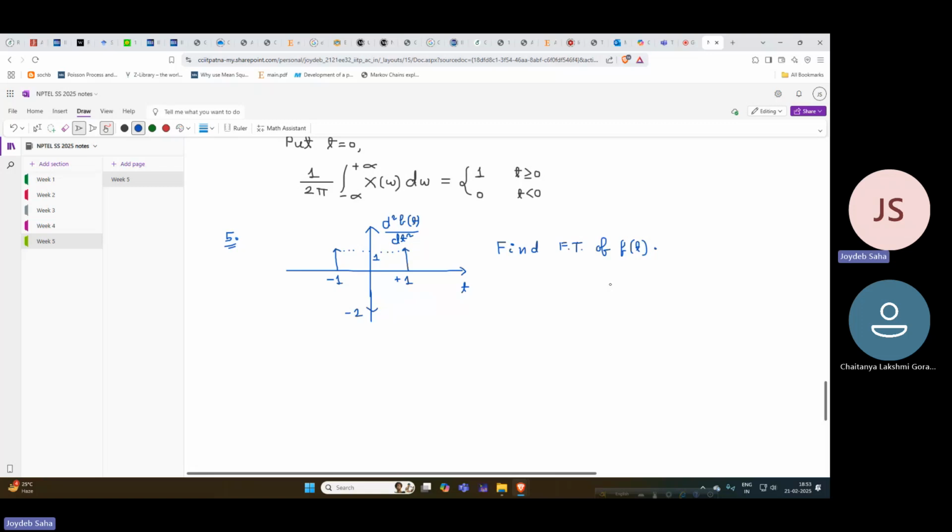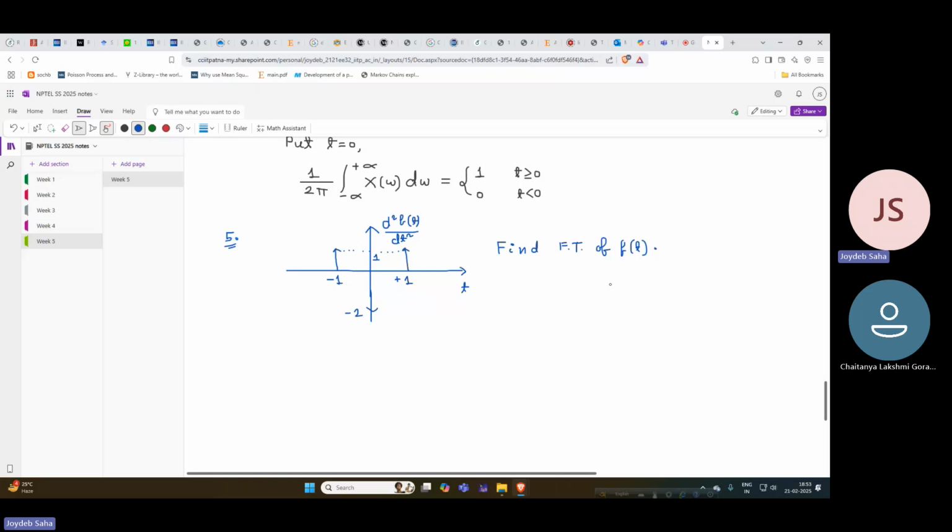Take 1 more minute and try to solve this. Can we use the integral property of Fourier transform? Yes. So our approach will be using the integral property of Fourier transform, right?